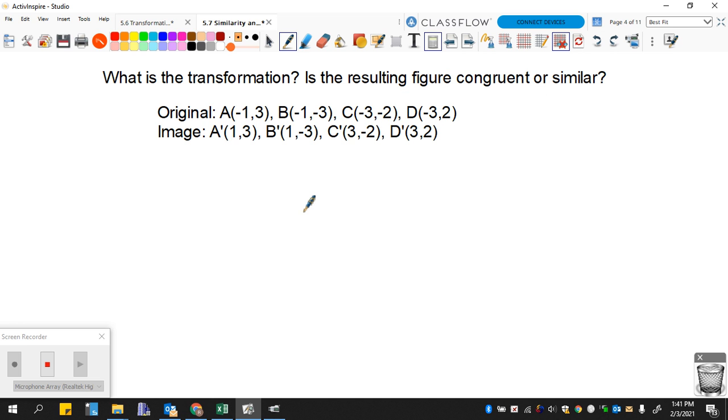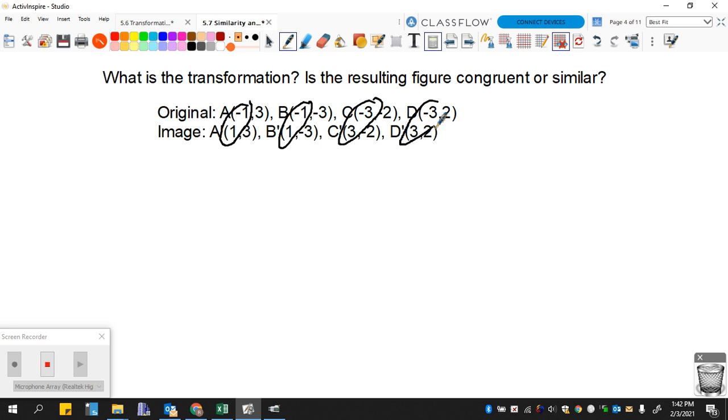Okay. Here, what's this transformation? Well, let's see here. The y stays the same, y stays the same, y stays the same, y stays the same, and y stays the same. The -1 turns to a +1. Same with point B and B prime. -3 turns to a +3.